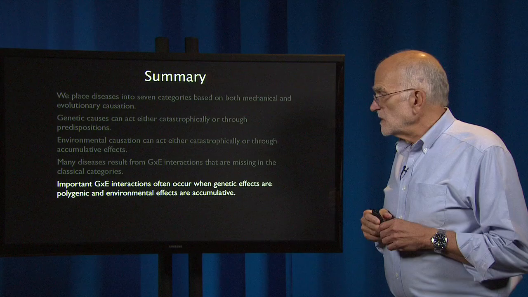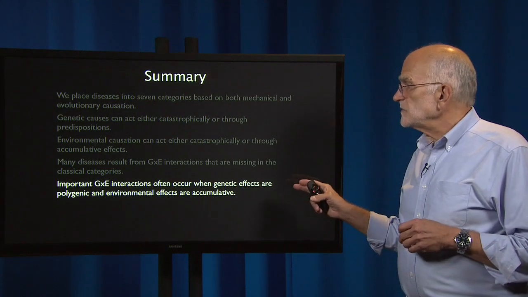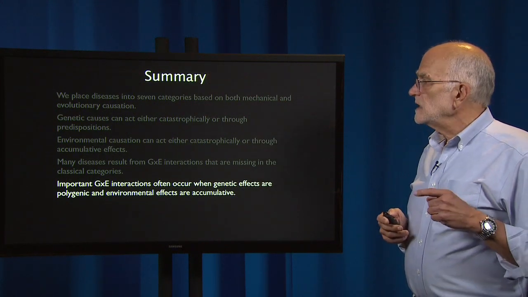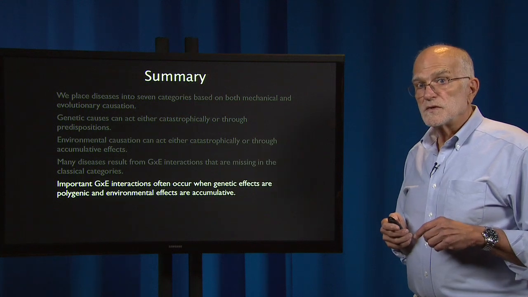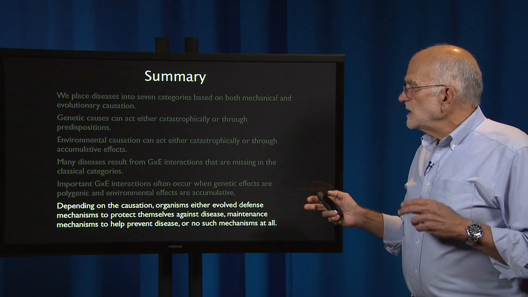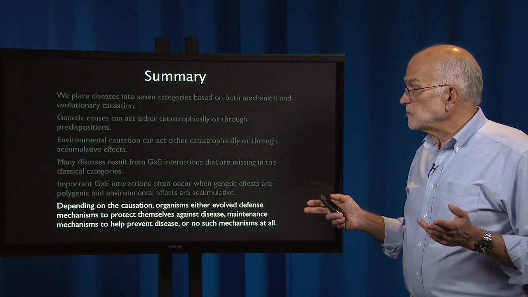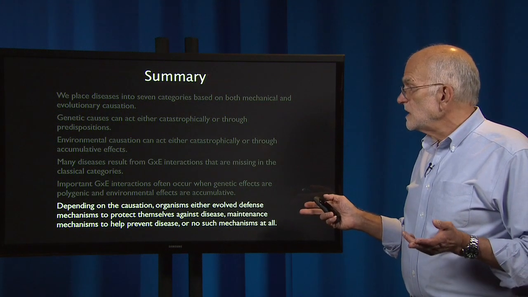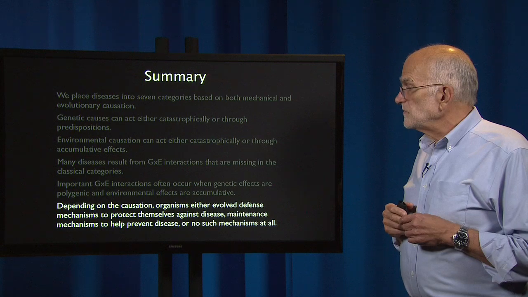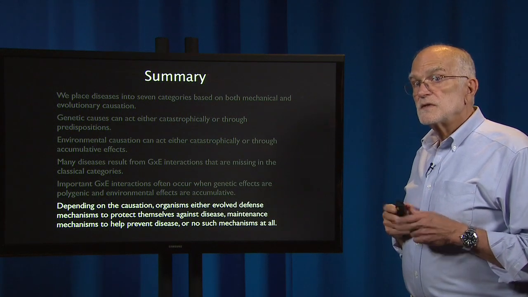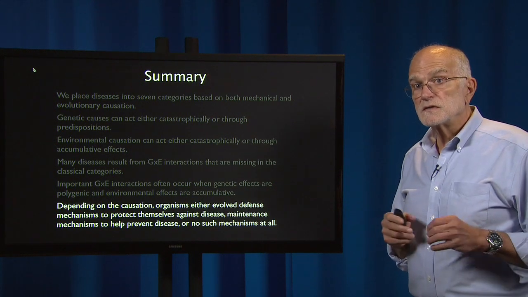Important G by E interactions often occur when genetic effects are polygenic and environmental effects are accumulative. And depending on the causation, organisms either evolve defense mechanisms to protect themselves against the disease, maintenance mechanisms to help prevent disease, or in some cases, no such mechanisms at all.